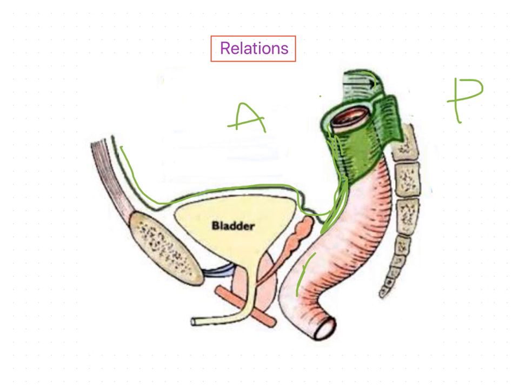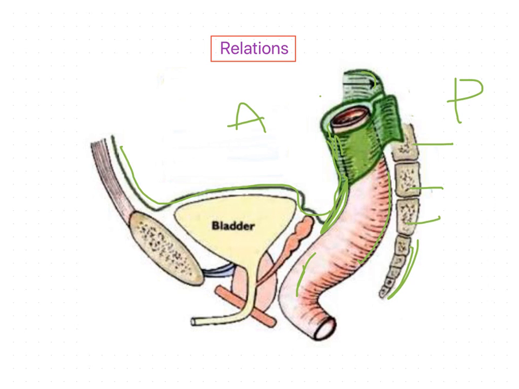Posteriorly, the rectum is related to the sacral vertebrae 1, 2 and 3 and the coccyx. These are the main relations, peritoneal as well as bony, to the rectum.